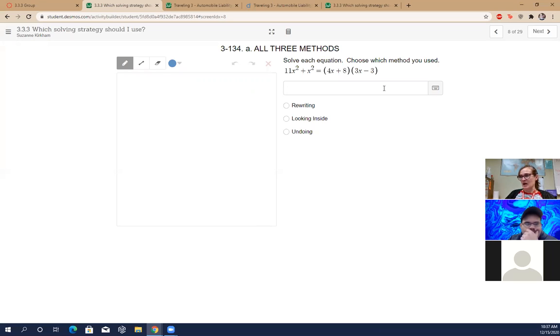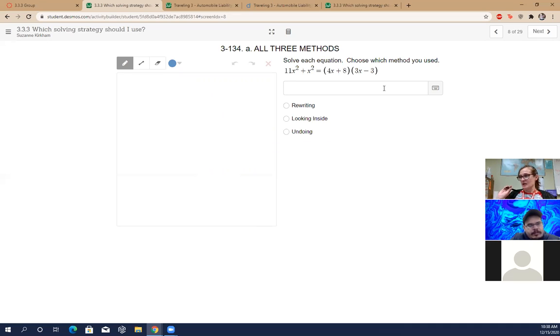Rewriting, looking inside, or undoing? Looking inside? What do you think? If we look inside and say 4x plus 8 times 3x minus 3 equals 11x squared, is that going to help us? Would it be rewriting? What do you think?